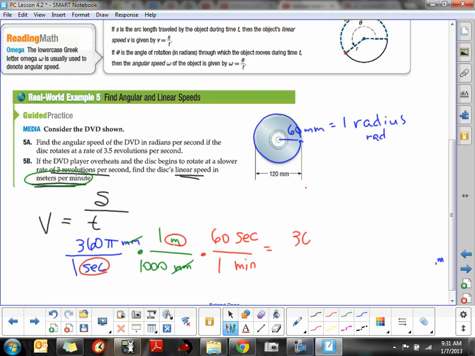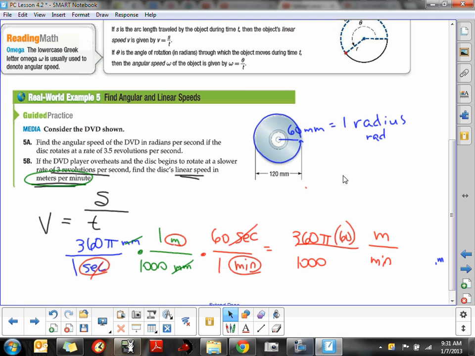We have 360 pi times another 60. Our labels are going to be, the seconds will cancel, and we'll be in meters. It's the only thing left on the top. On the bottom, we have to take 1,000. And that's the only thing we have to multiply down there besides 1, so we won't worry about that. And the only thing we have left is minutes for our labels. So that's how many meters per minute we will travel.